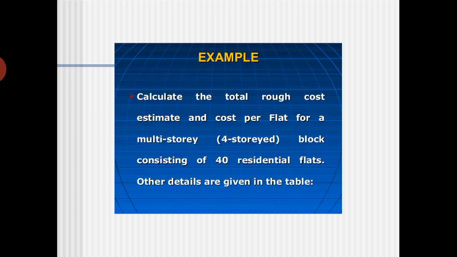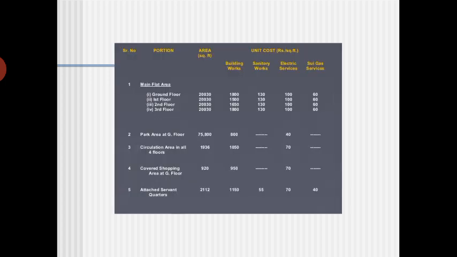For example, if you want to take this example and do it, I have already done it: calculate the total rough cost estimate and the cost per flat for a multi-storey block consisting of 40 residential flats, and the other details are given in the table. You can see in the table how much area they have given, how much building works, sanitary works, electrical works are given.